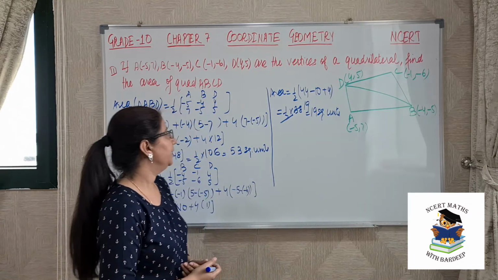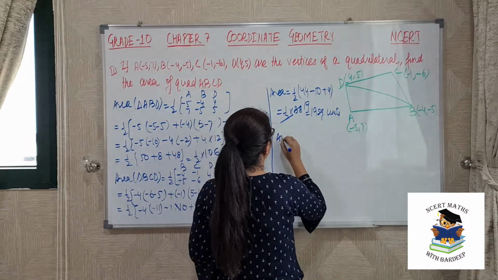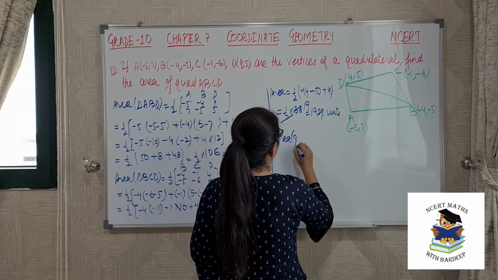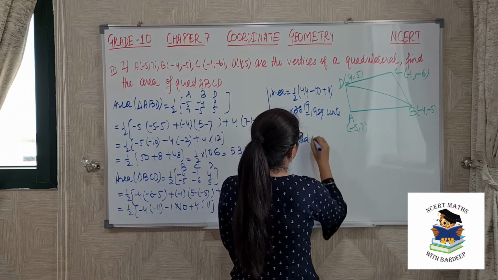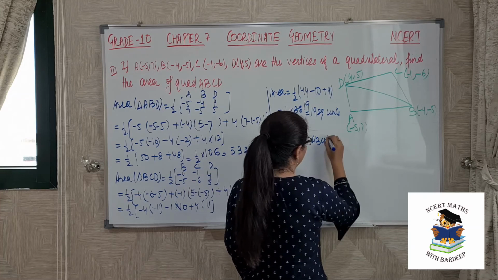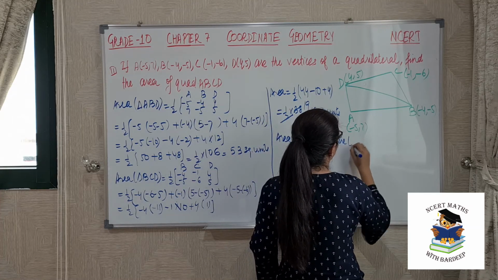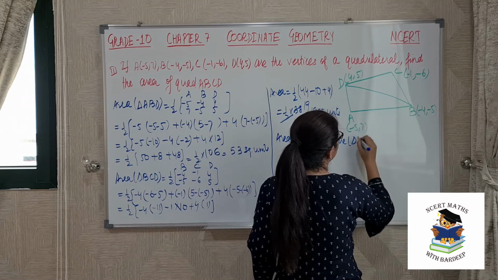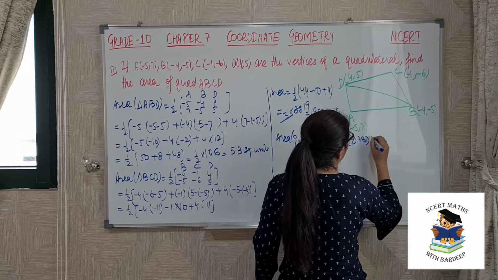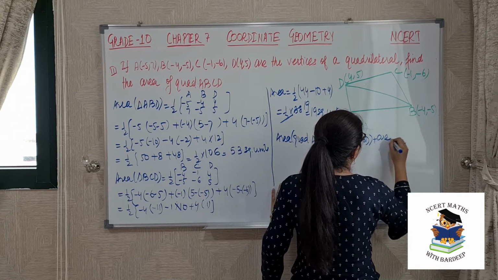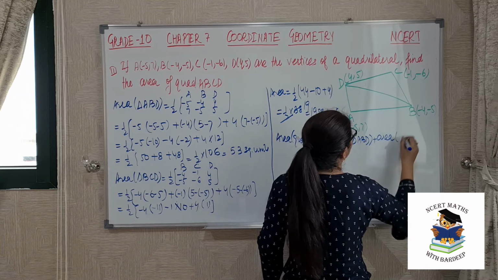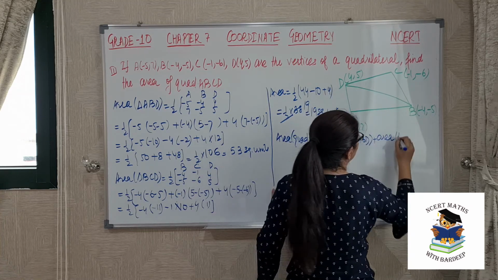So how to find area of quadrilateral? So you will write therefore area of quadrilateral ABCD is equal to area of triangle ABD plus area of triangle BCD.